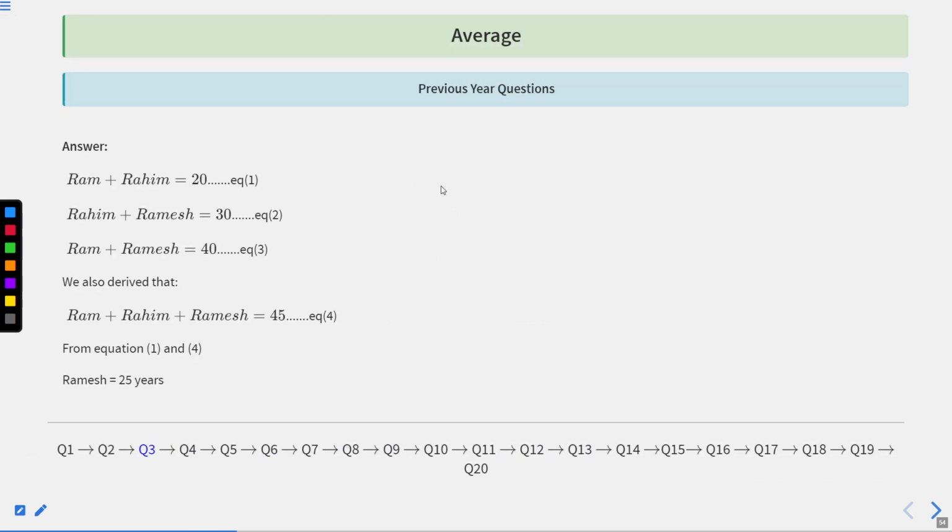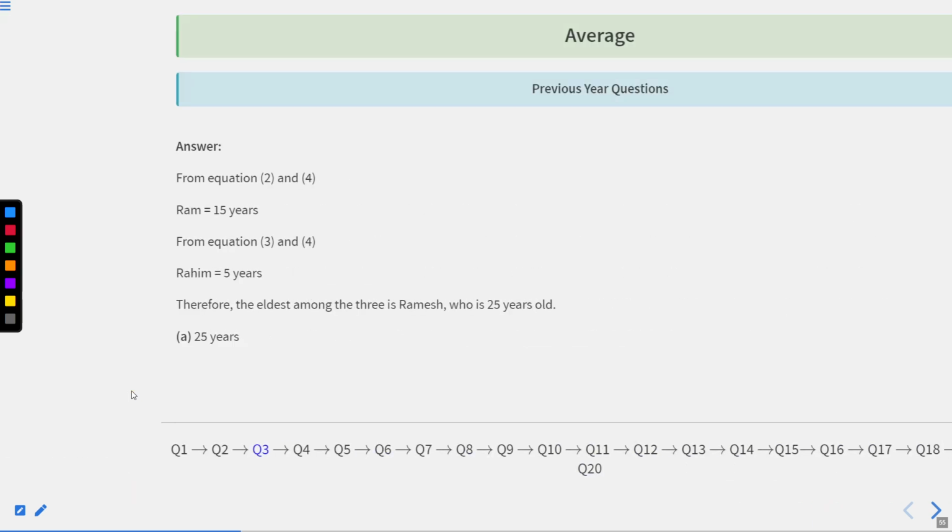Using the same formula, Ram plus Rahim is equal to 20. Rahim plus Ramesh is 30. And Ram plus Ramesh is 40. We also derived that Ram plus Rahim plus Ramesh equals 45. So we have 4 equations now. From equation 1 and equation 4, I will have Ramesh equal to 25 years.